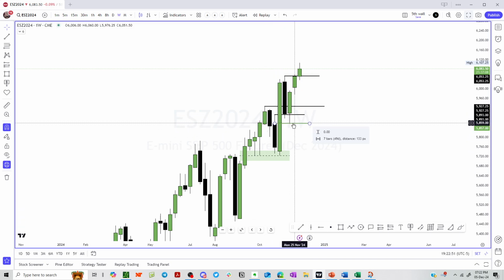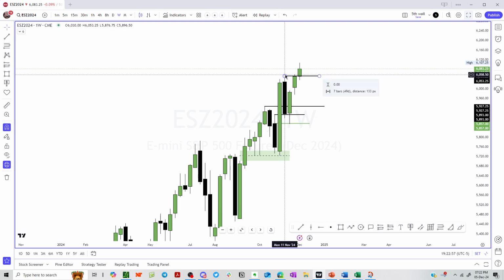Now we're seeking this swing high here. Swing high is a candle with a lower high on both sides of it. Swing low is a low with a higher low on both sides of it.